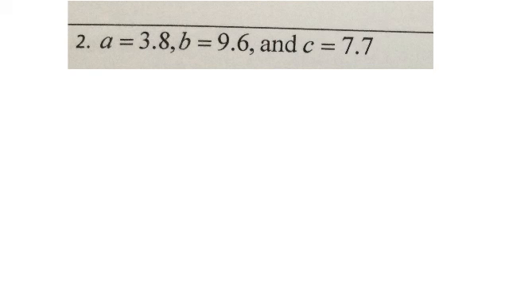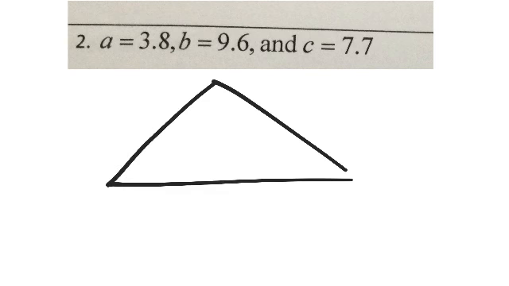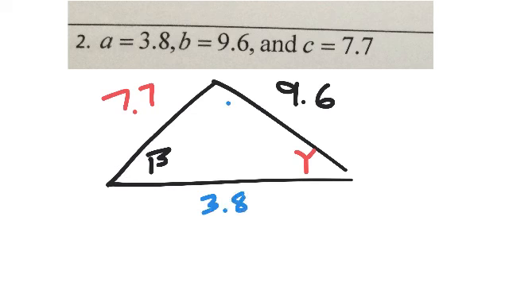Okay, so here's another example of side, side, side, where we're given the three sides. When we have side, side, side, we must find the largest angle first. If that's 9.6, then the angle opposite that is beta. Then I am given 7.7, so the angle opposite that is gamma. And then 3.8, opposite that is alpha.